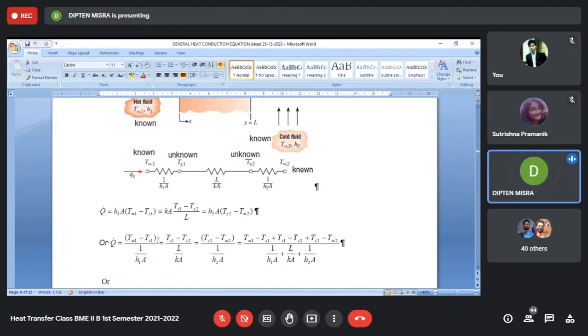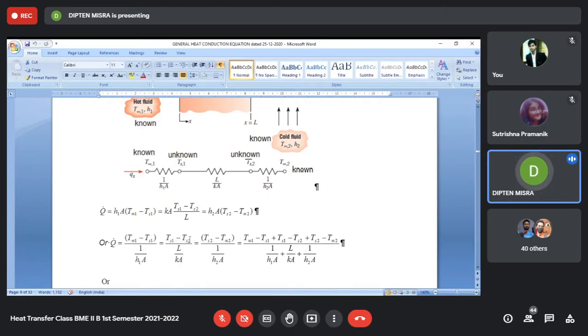Now, if these three are equal and constant, we can simply add all these terms, divided by the sum of the resistances. The advantage is that if you add these two, then this TS1 will cancel.